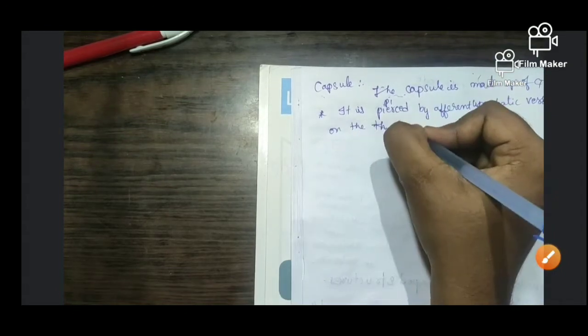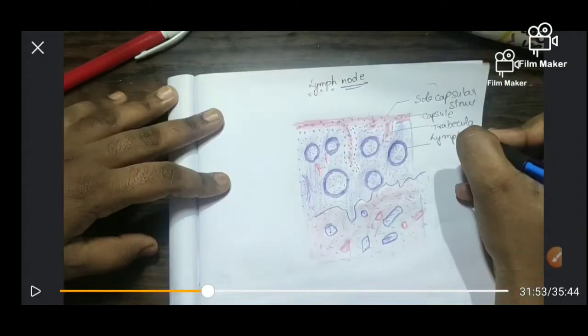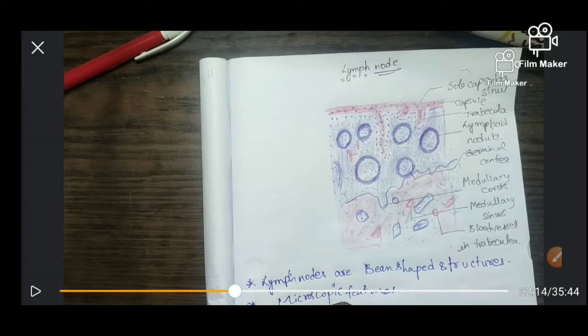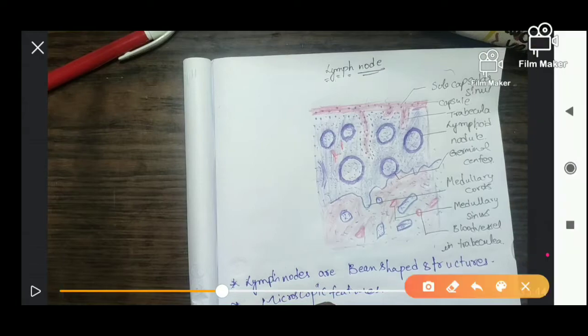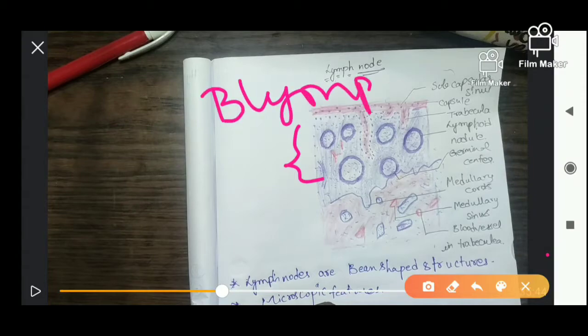So I want to show you the diagram that I have completed here. This is the outer cortex region which I have said to you. The outer cortex mainly contains B lymphocytes, which are arranged spherically as lymph nodules. You can see many lymph nodules arranged here. You should remember that these lymph nodules contain B lymphocytes.